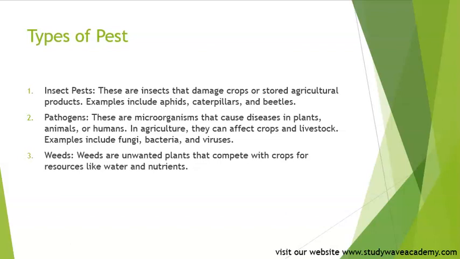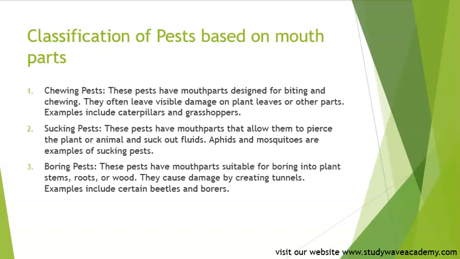We are going to be looking at classification of pests based on mouth parts. Pests can be sorted by how they eat. There are three main groups. First, we have the chewing pests. These pests have mouth parts designed for biting and chewing.